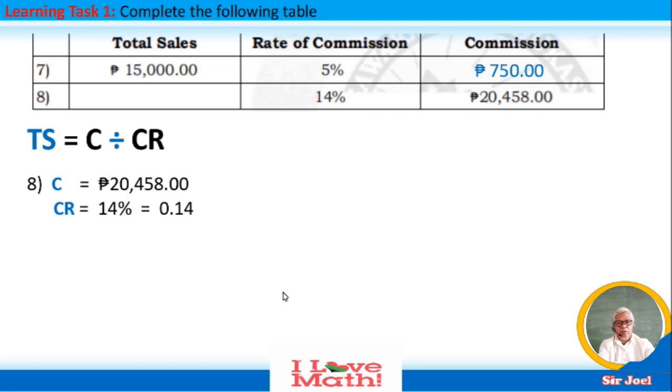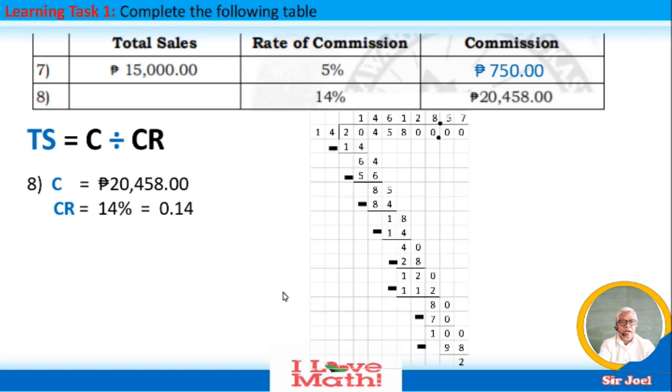Now, to compute, we have, let's say, 2,045,800 divided by 14. Why 2,045,800? Kasi nga, from point 14, i-move natin ng 2 places to the right.